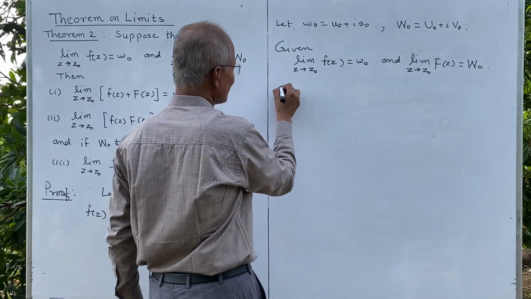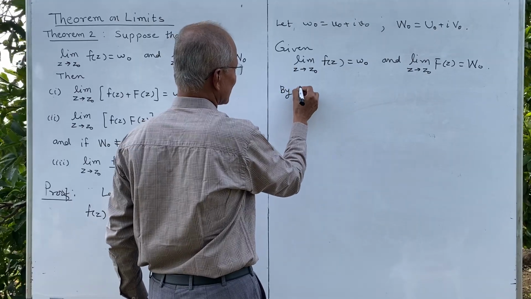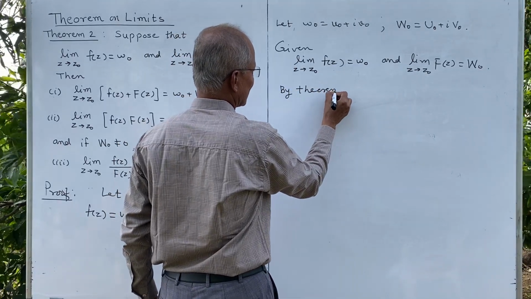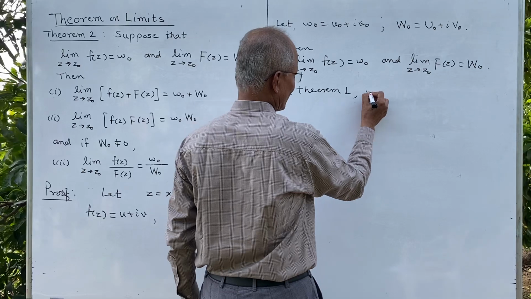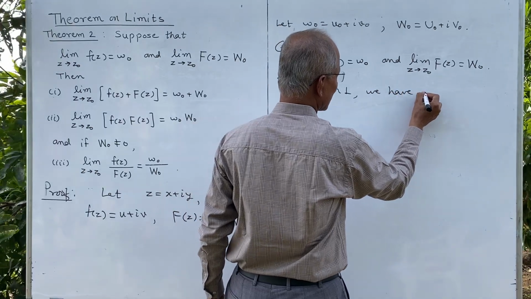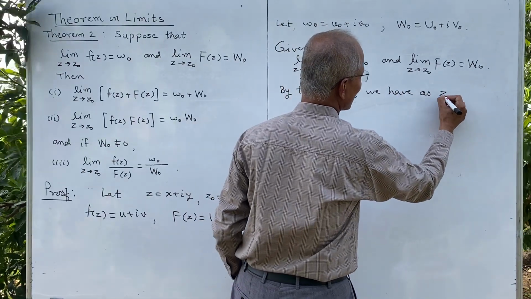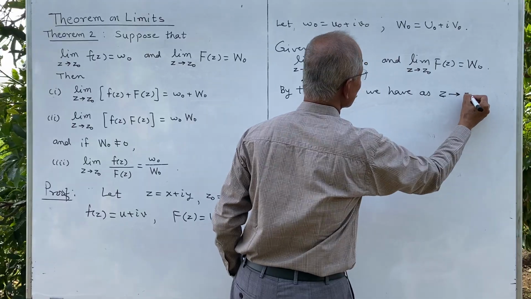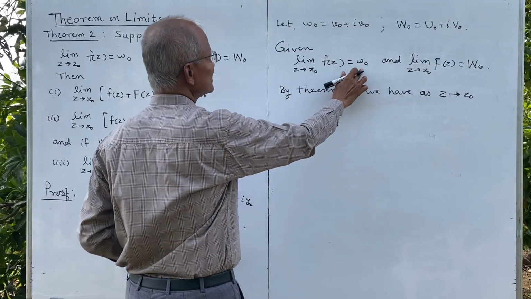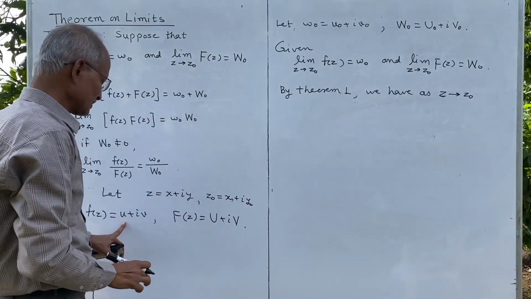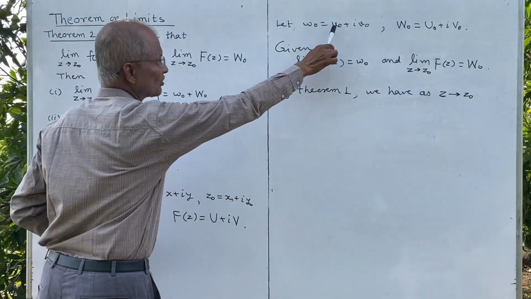So, by theorem 1, as z approaches z naught, the limit of f of z is w naught. What is f of z? u plus iv. And what is w naught? u naught plus i v naught.